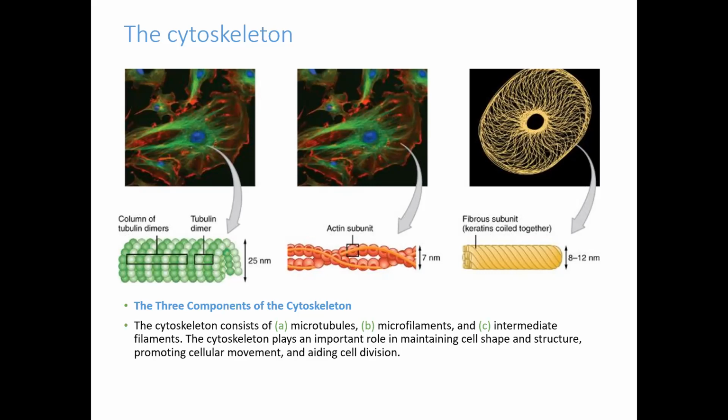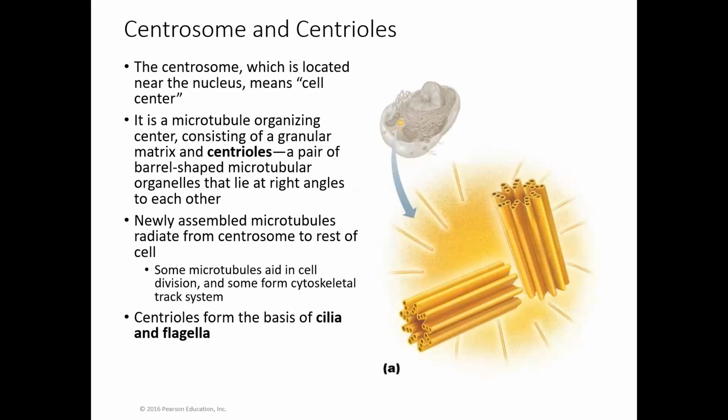So we have a skeleton in place for our cell that is totally different than bones and ligaments and tendons like we see in the adult form of us, but we still have these cells having very unique shapes. The other structures we see inside the cytoplasm are called the centrosomes and centrioles. The centrosome is the cell center.